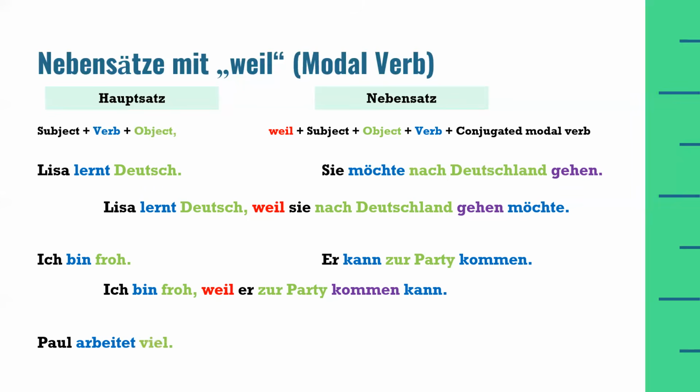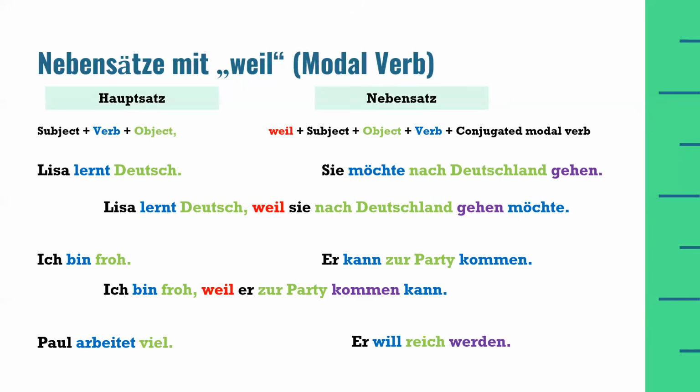Kommen will remain kommen because we are using a modal verb, which is conjugated at the last position of the sentence. Next example, Paul arbeitet viel. Er will reich werden. Paul works a lot. He wants to become rich. Again, Paul arbeitet viel is the fact, and why he works a lot is because he wants to become rich.